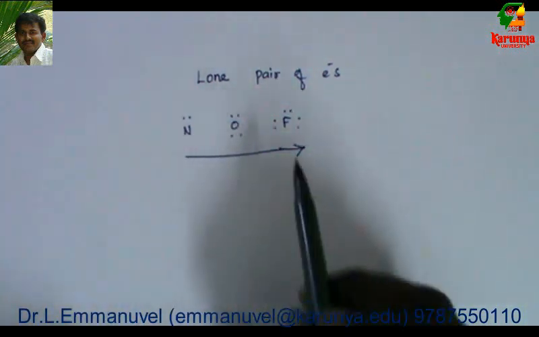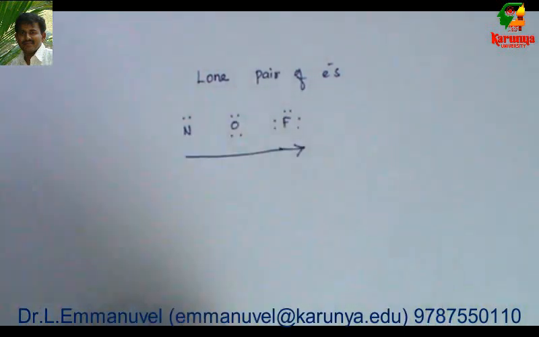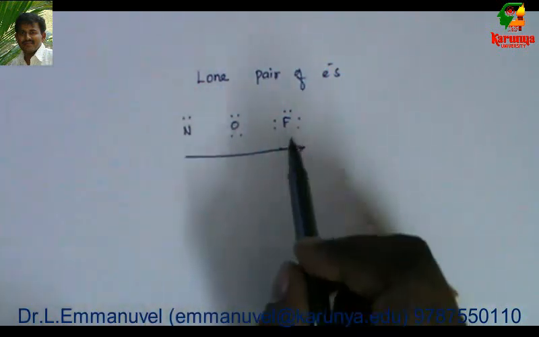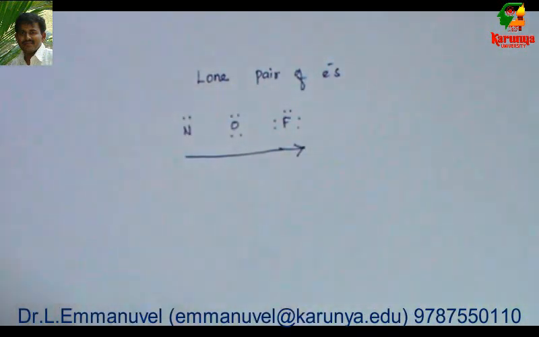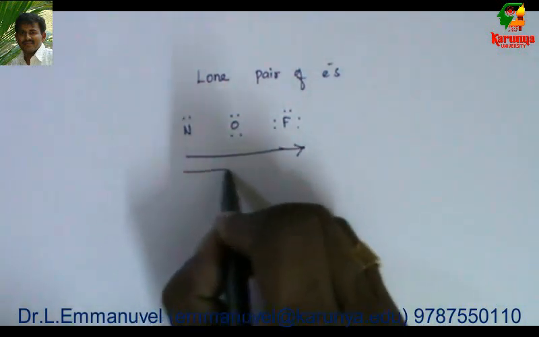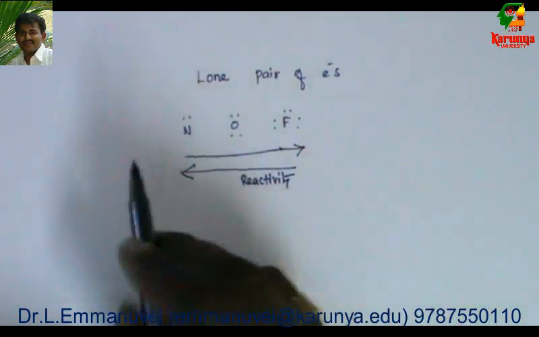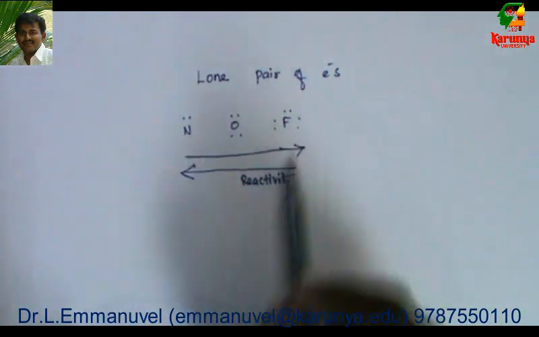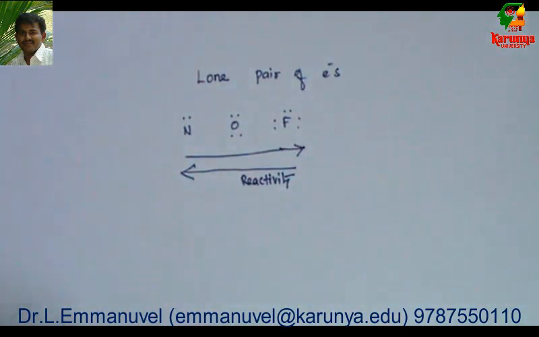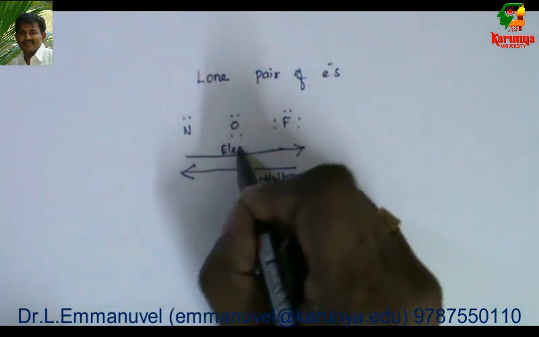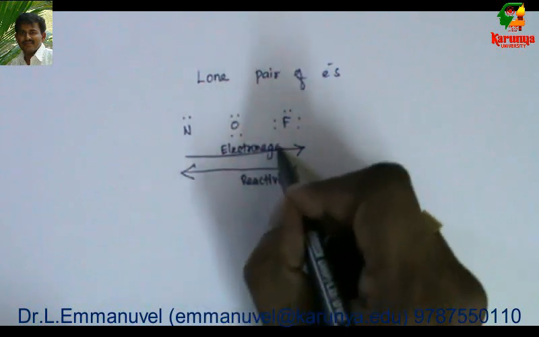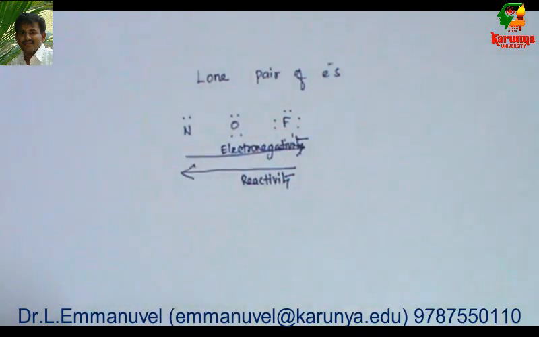That means the available electron cloud on this atom to attack the electrophile is less here and more on nitrogen. So if you see the reactivity, nitrogen is more reactive than fluorine. The reason is electronegativity. Because of electronegativity, the available electron density on that atom is less.